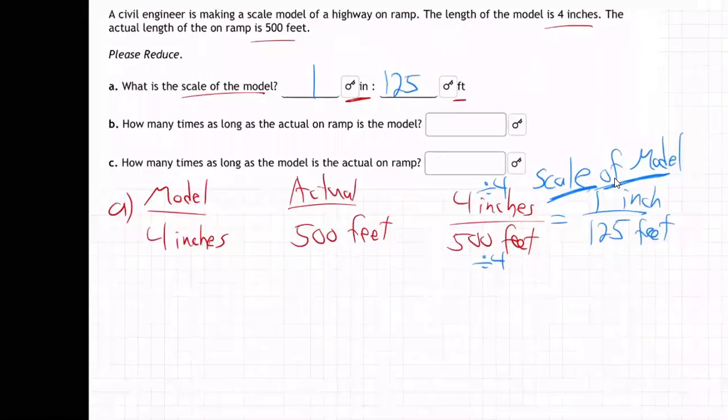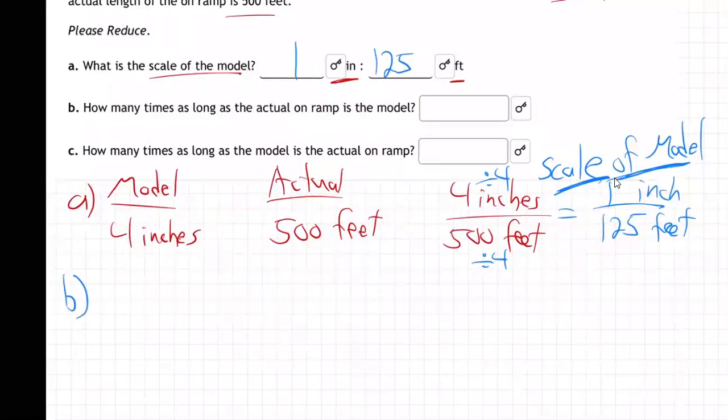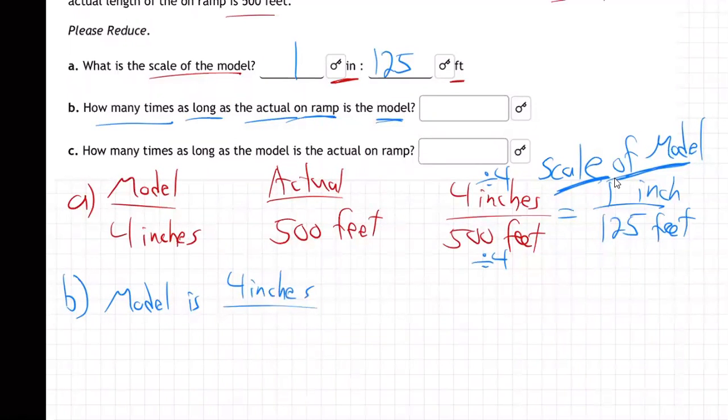So question B says, how many times as long as the actual on-ramp is the model. So basically, the model is what? It's 4 inches divided by 500 feet, isn't it? The model has 4 inches for every 500 feet.